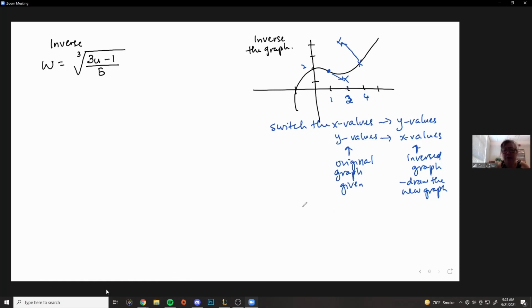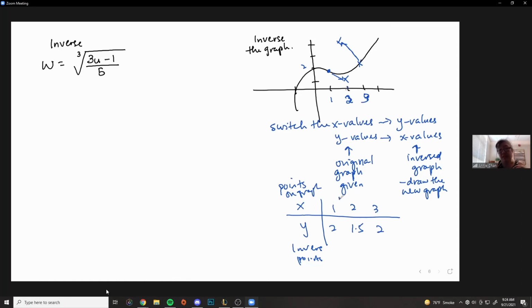If you have to, you will write X, Y, points on graph, and inverse points. So you have 1, 2, then 2, 1.5. This is 3, so 3, 2, for example. This is not a function, I know, I have 2 same outputs.